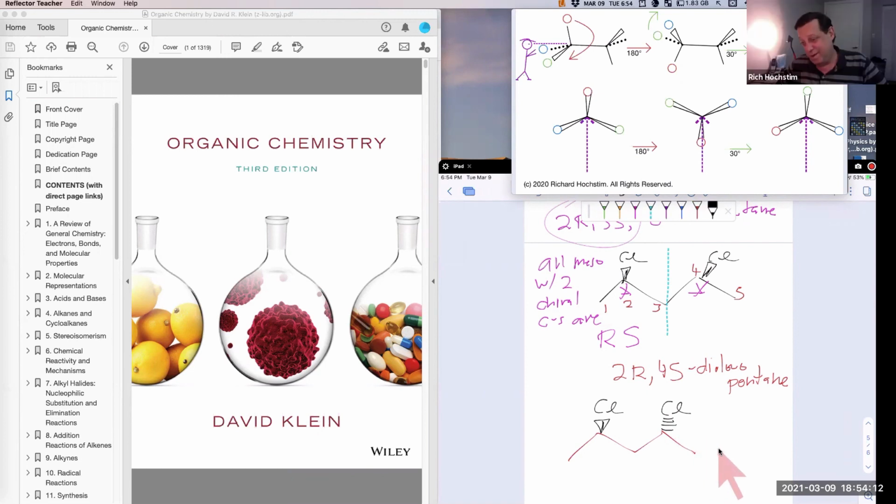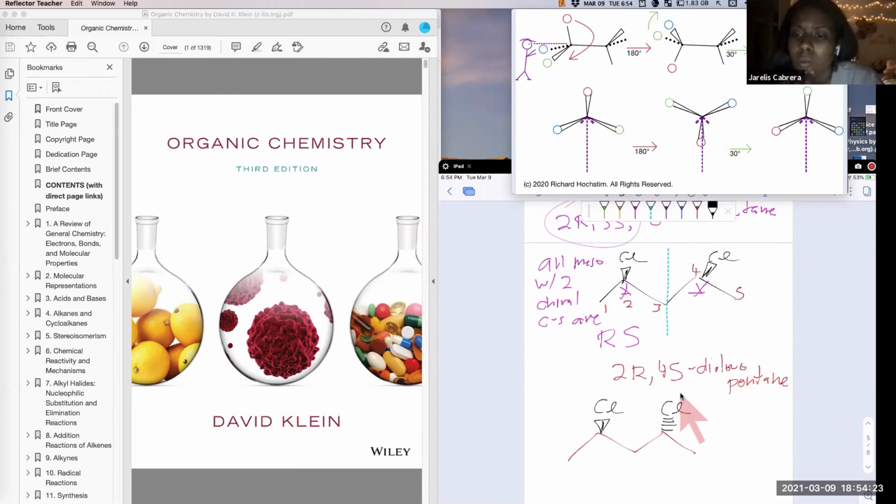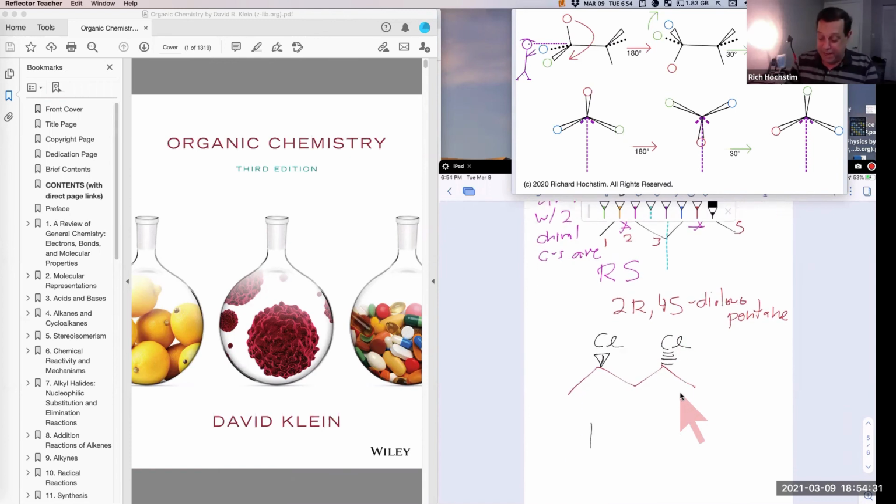So it's going to be either RR or SS, because meso is RS. See, what you have are these possibilities.